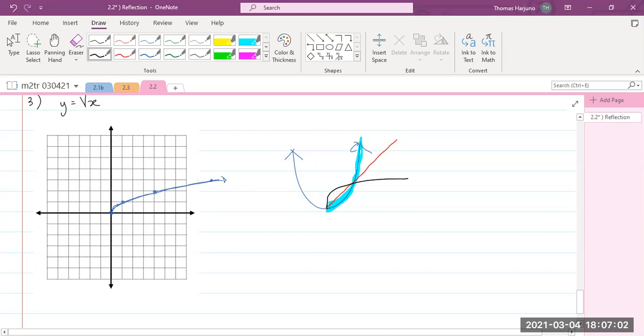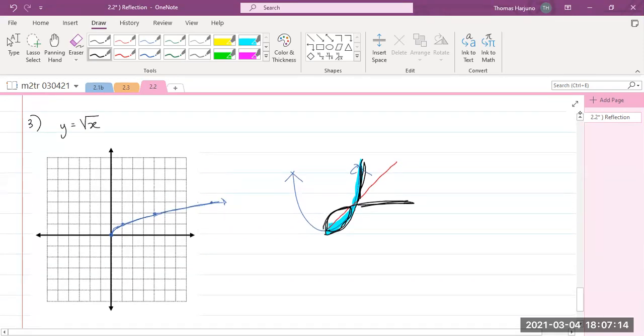So this part here becomes this part here, but only one branch, only the positive branch of that square root, not the negative.